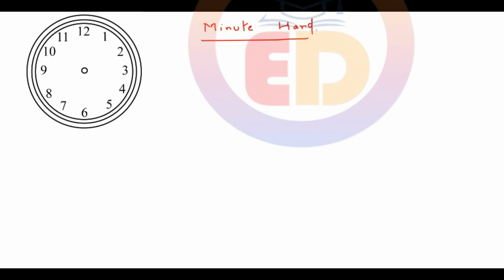Now, minute hand will start from 12. It will go to 1, then 2, then 3, then 4, then 5, then 6, then 7, then 8, then 9, then 10, then 11, and then it will come back to 12.